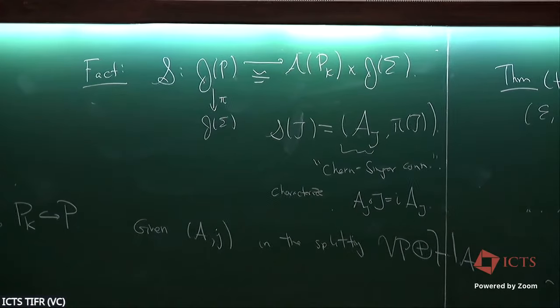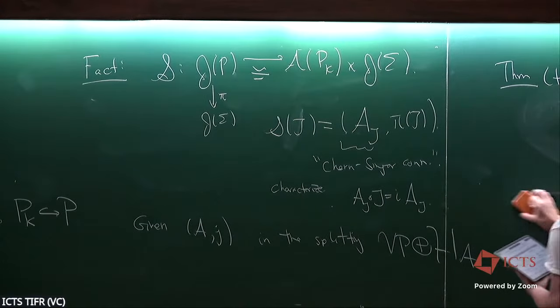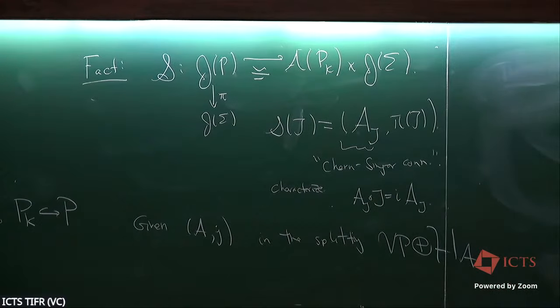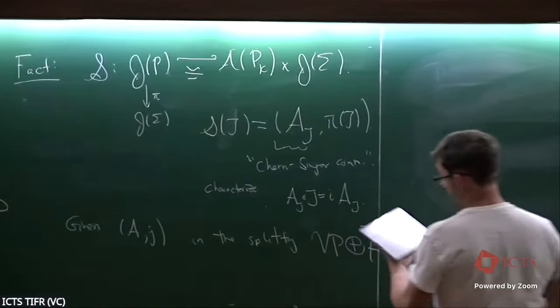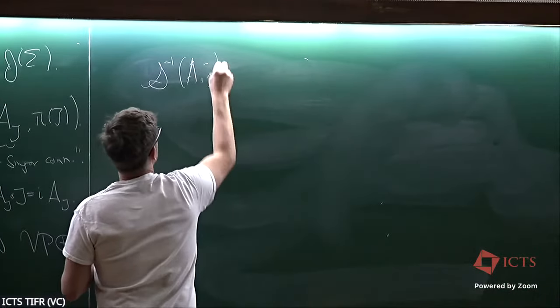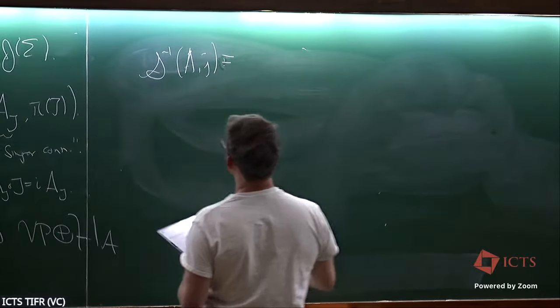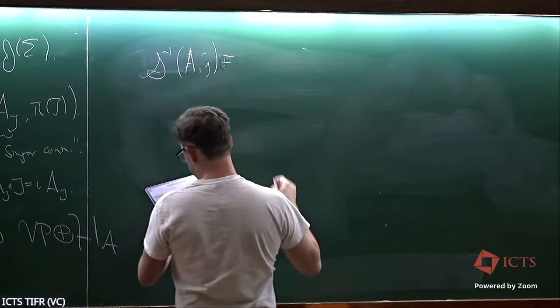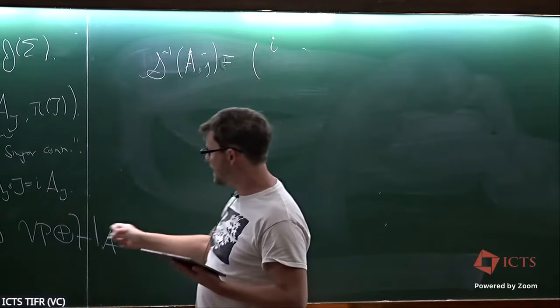Okay, so in this splitting, the inverse of A_J, namely the holomorphic structure associated to this data, is just multiplication by I on the vertical piece.